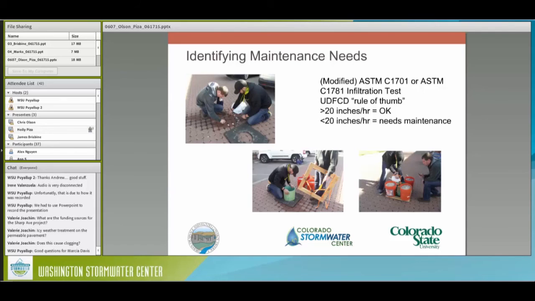But this is something that definitely takes time and effort, and a lot of the inspectors that Chris and I go out and talk to, this is not something that owners are doing or inspectors.